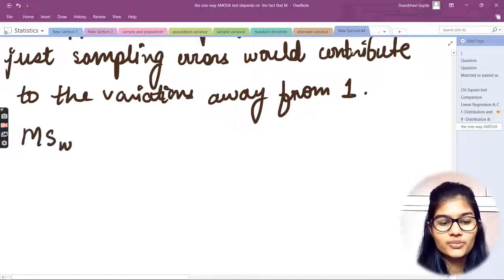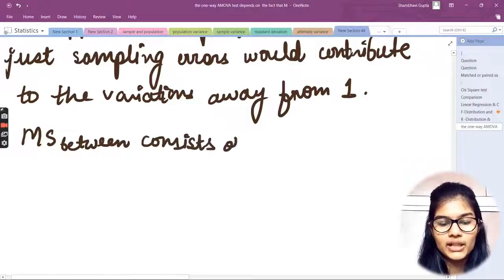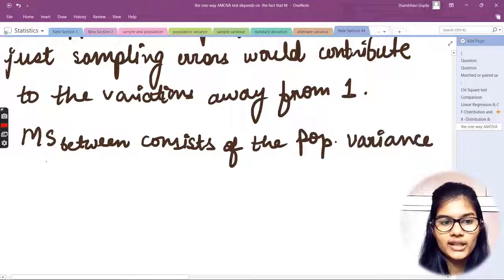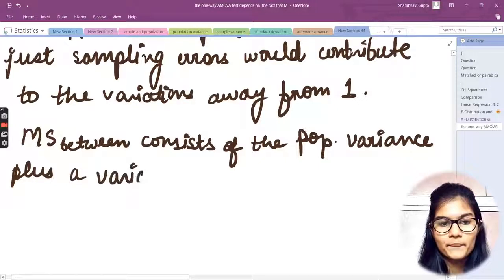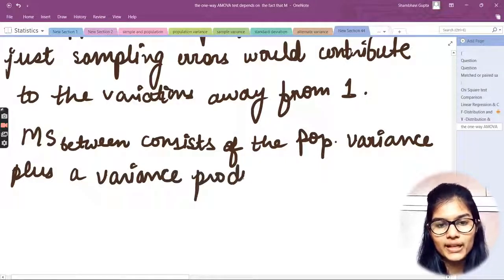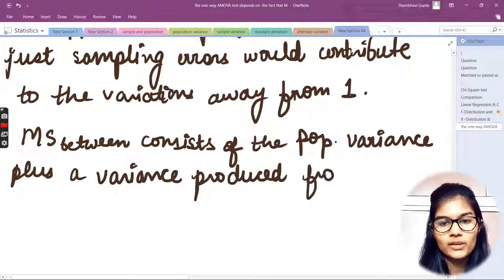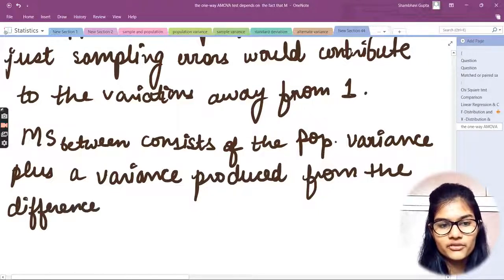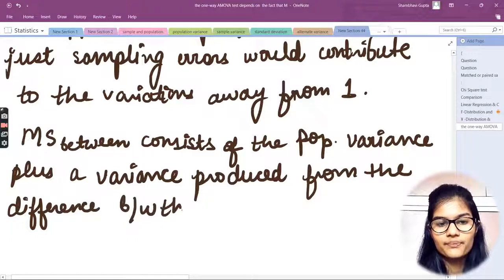So we have MS between, right? MS between consists of the population variance plus a variance produced from the differences between the samples.